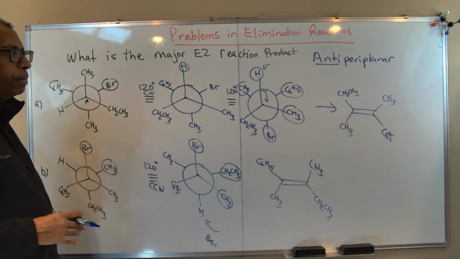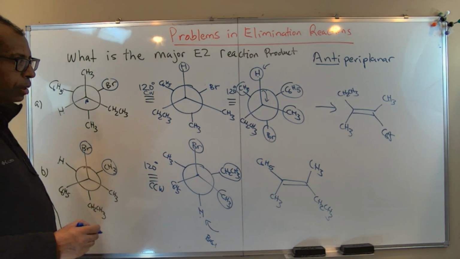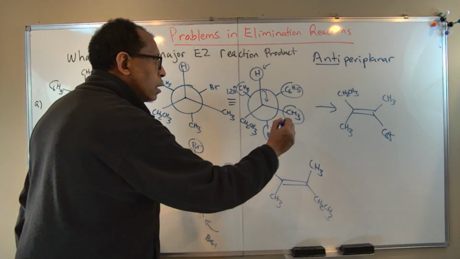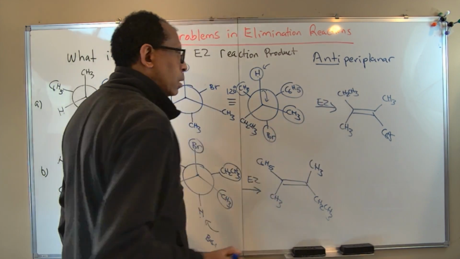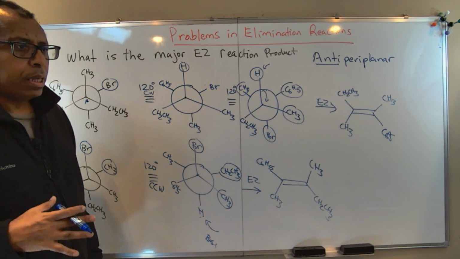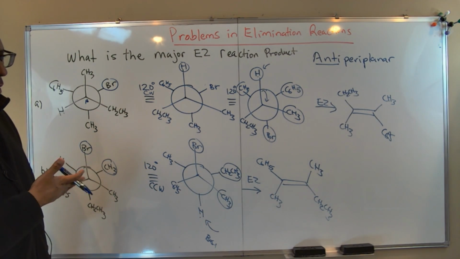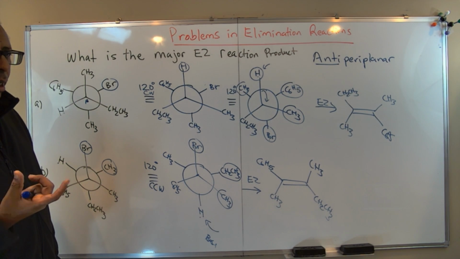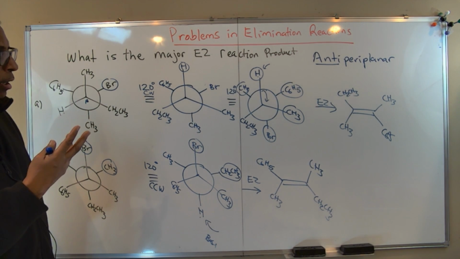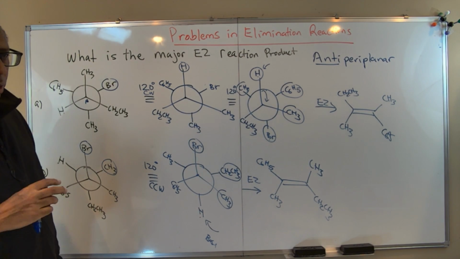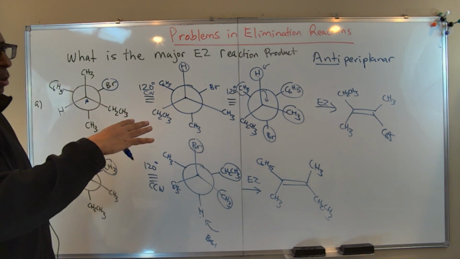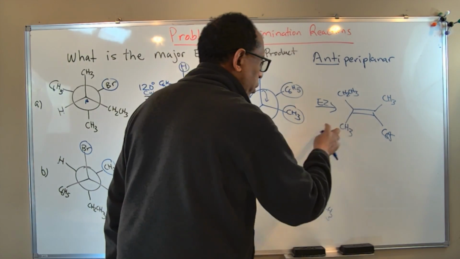So now, these are the alkene products after E2 reaction. This is after E2 reaction. So the main important thing you want to know about this is that you have to arrange the hydrogen and the halide as anti-periplanar for the E2 reaction to happen. That would fix where things would fall.